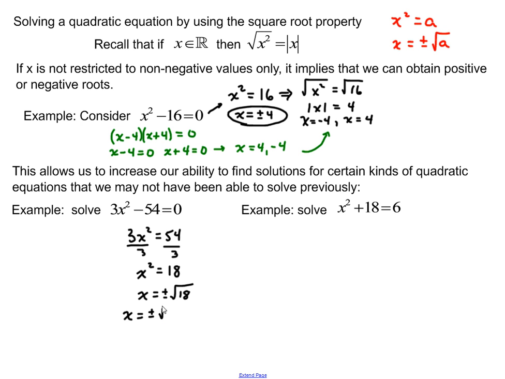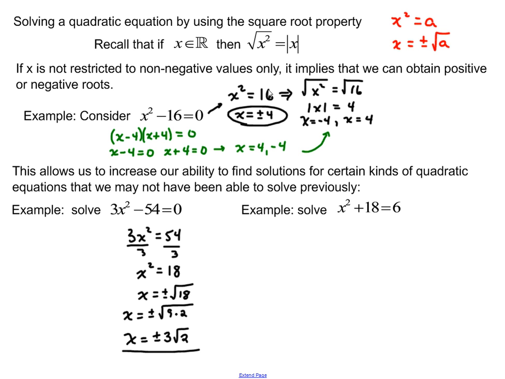So we can reduce this a little bit further and say 9 times 2 under the root becomes x equals plus or minus 3 times the square root of 2. And we would not have gotten that answer by factoring here. So we have increased our ability to find solutions to certain kinds of equations that we might not have before.